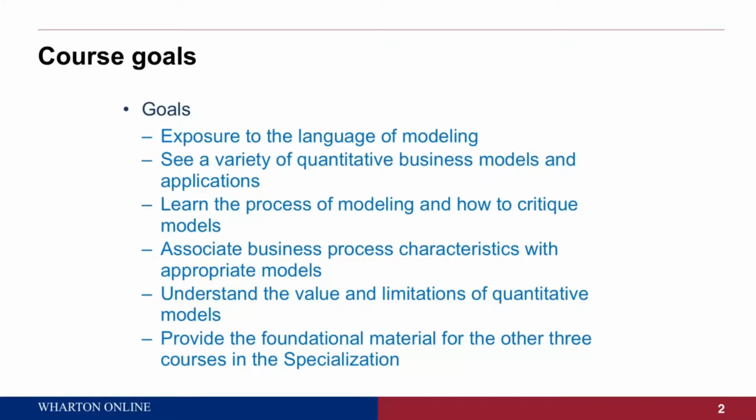You need to think about the characteristics of the process you're trying to model and map the characteristics of the business into the characteristics of the model. So at the end of this module, we're going to talk about some characteristics of some key mathematical functions that are used in modeling. And as we talk about those key characteristics, one needs to think about how they map back to the characteristics of the business process that you're interested in.